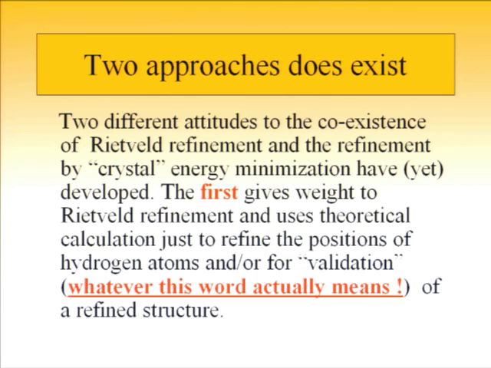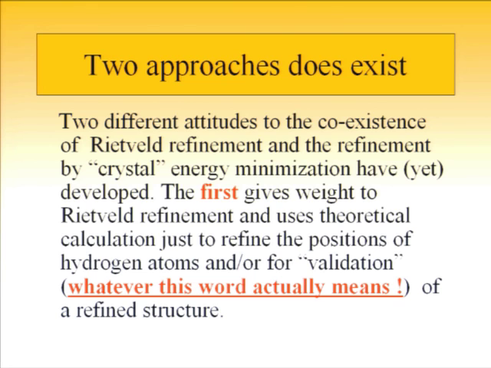Going back to refinement, I realized that there are two different attitudes, the coexistence of Rietveld refinement and the refinement by total energy minimization. Yes, finally I added the word yet. Maybe there will be a third, fourth, and God knows what approach.